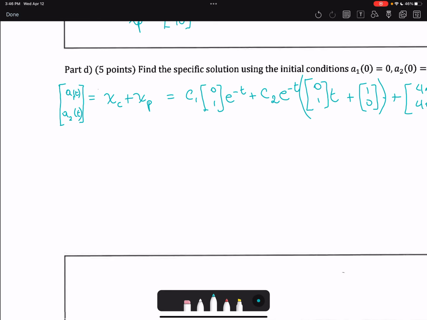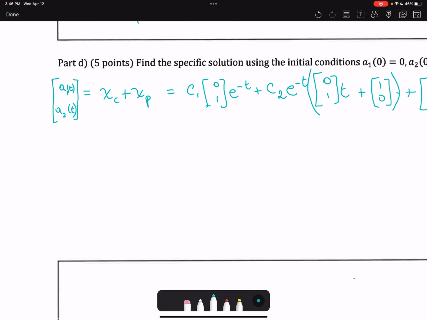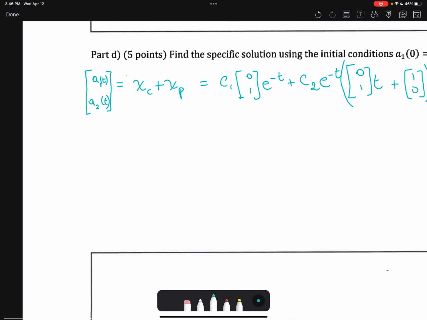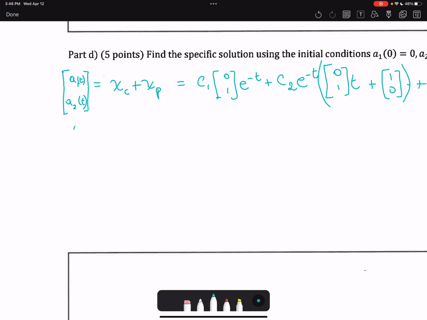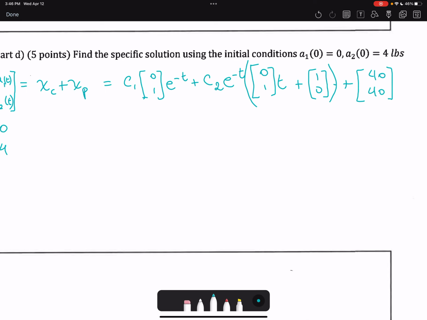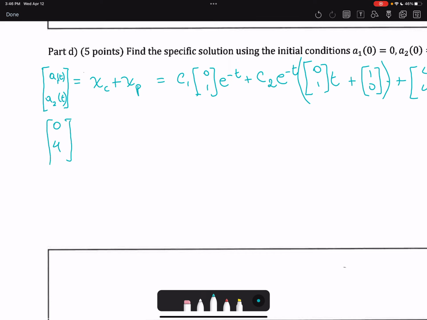So what we can do is we can put 0 into a sub 1 and get 0. So this is going to be 0, and this is going to be 4. And remember, we inputted a t of 0, so let's just distribute that.